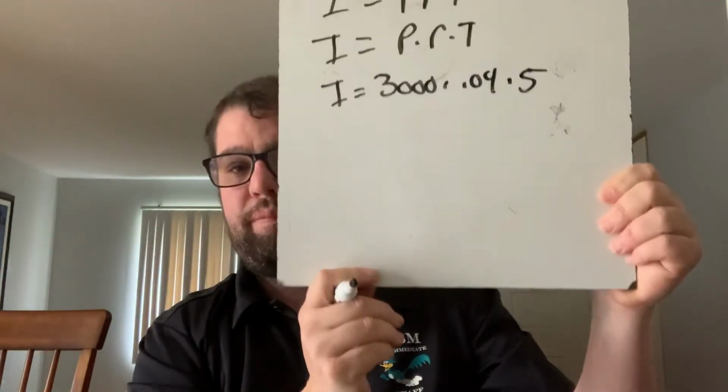To help make us some room, we're going to take a separate sheet and a separate board, and I'm going to write the formula. I equals PRT. I equals P times R times T. I equals 3,000 times 0.04 times 5.